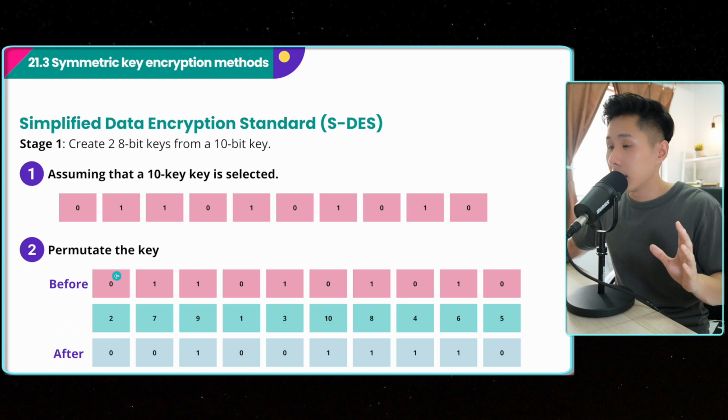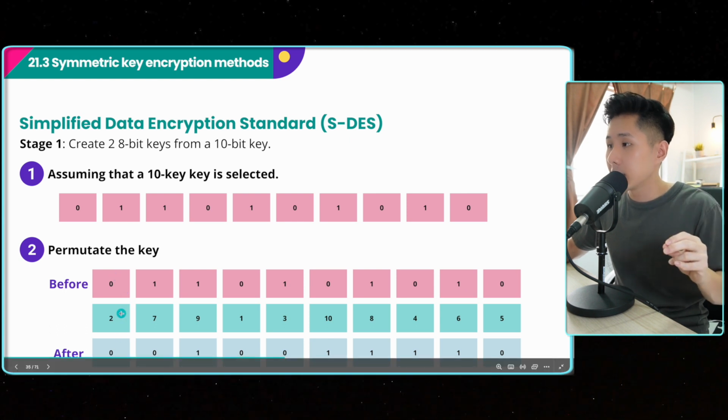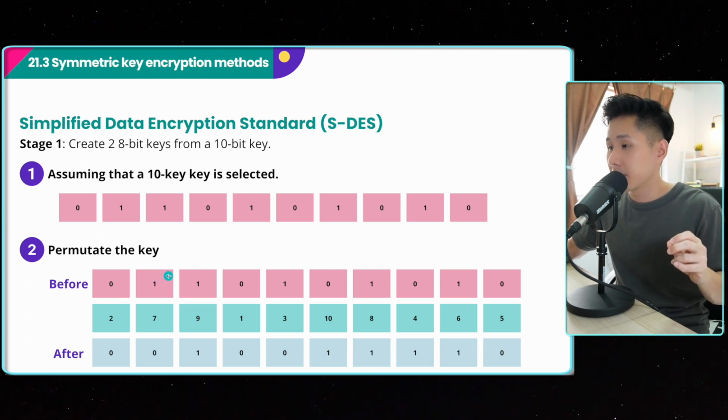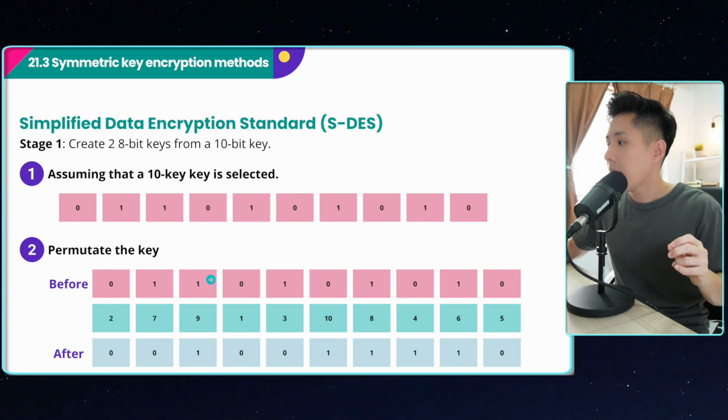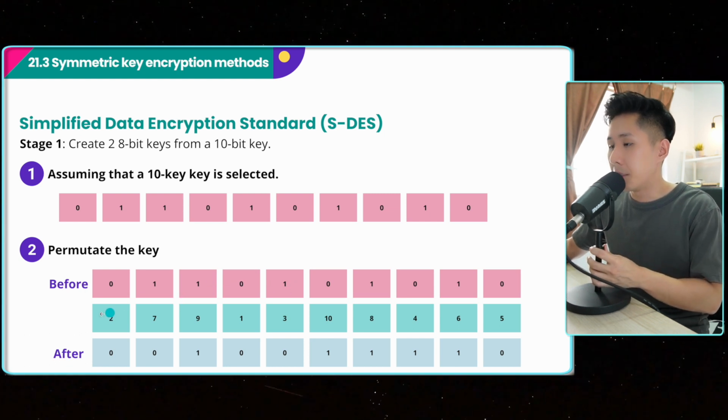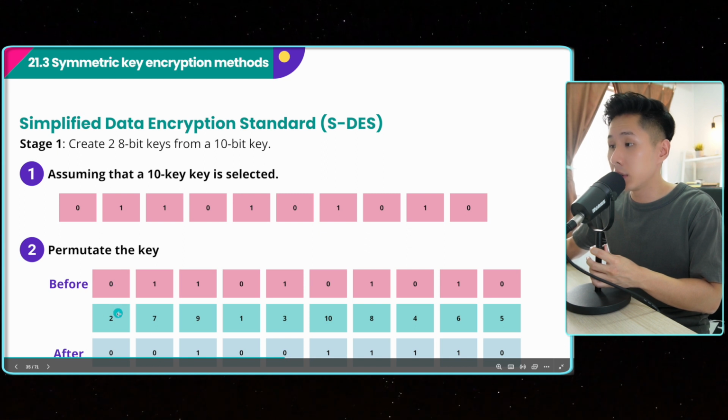it says that in this process, the second bit of the key will be here. And then basically, the first bit will be put into the second position, and the second bit will be put into the 7th position, 1, 2, 3, 4, 5, 6, 7.